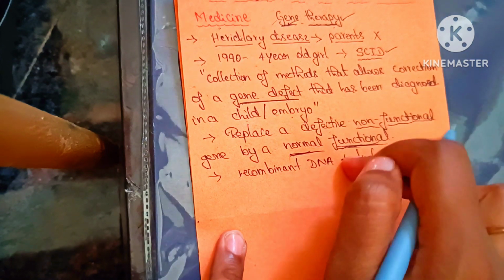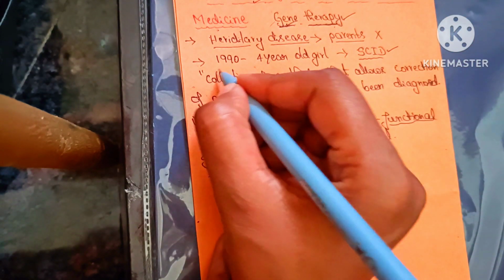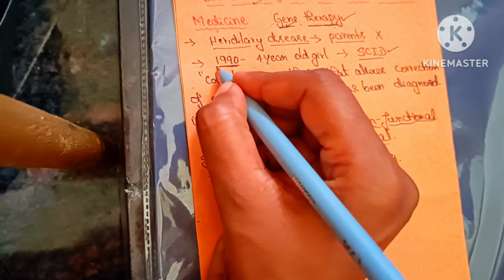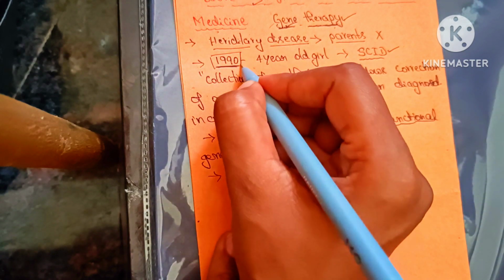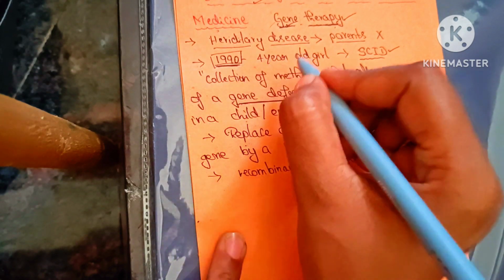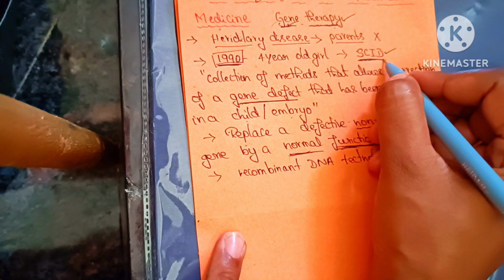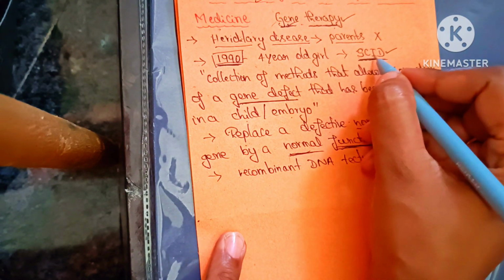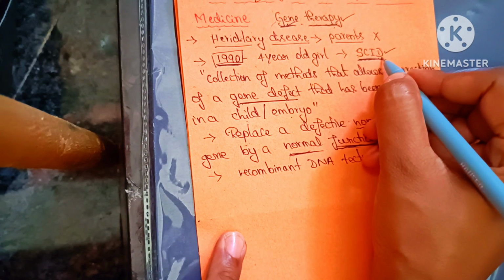And that correction of the gene was done first in the year 1990, clinically I am telling, not laboratory test. The clinical attempt was done to a 4-year-old girl who was suffering from a condition called SCID, which refers to severe combined immunodeficiency syndrome.